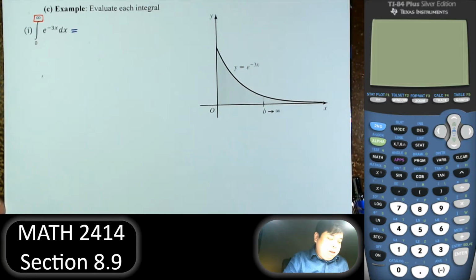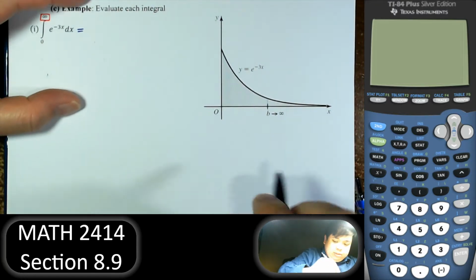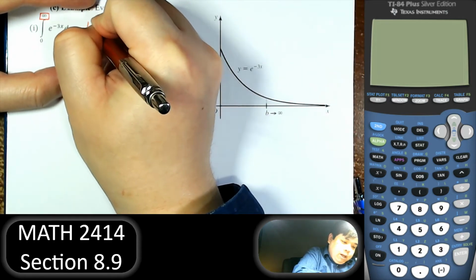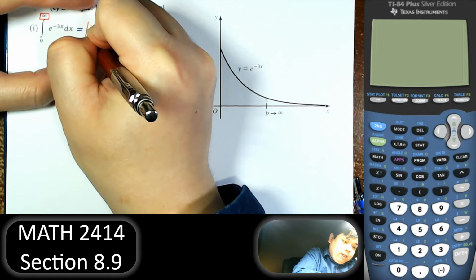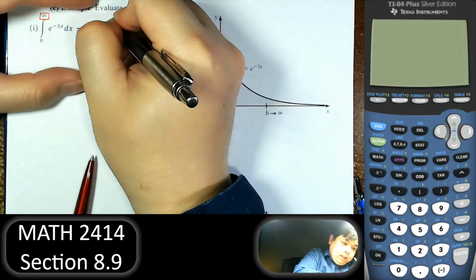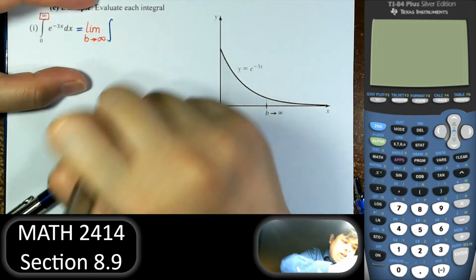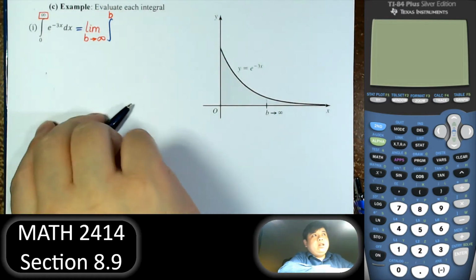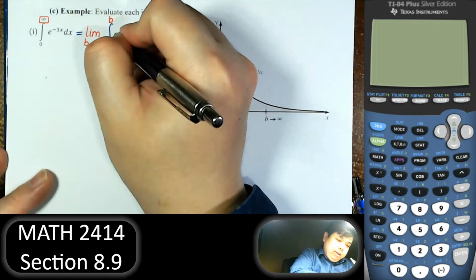So I will change the upper limit to b, and the limit is as b goes to infinity. That's the first thing we do when we see infinity.